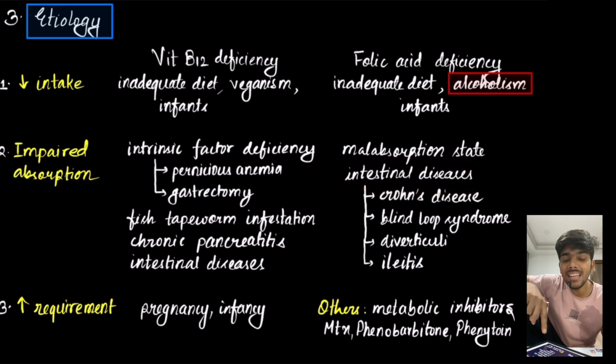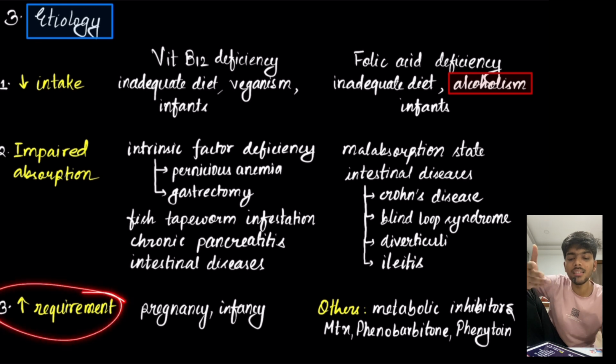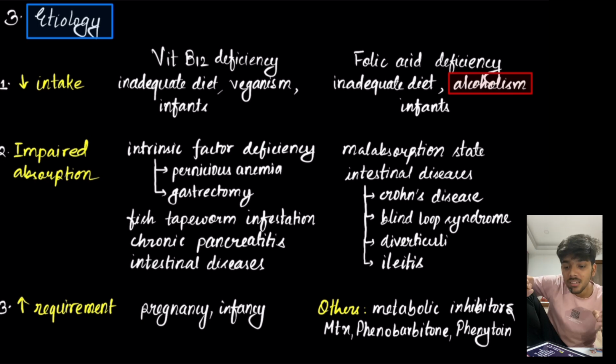If there is bacterial growth in the intestine, which can lead to inflammation of the intestine, in that case also absorption of vitamin B12 and folic acid can be impaired. Finally, increased requirement during pregnancy, during infancy, or during disseminated cancers. The requirement of vitamin B12 and folic acid is greater than the usual requirement.